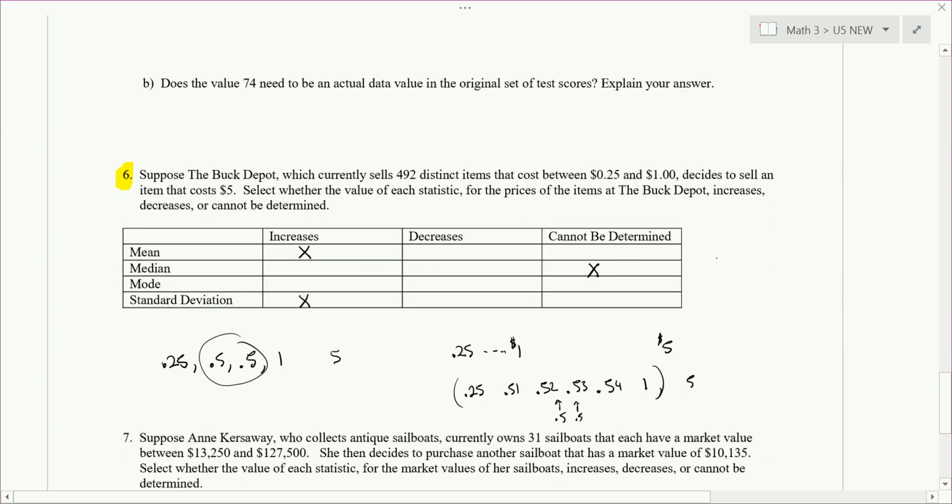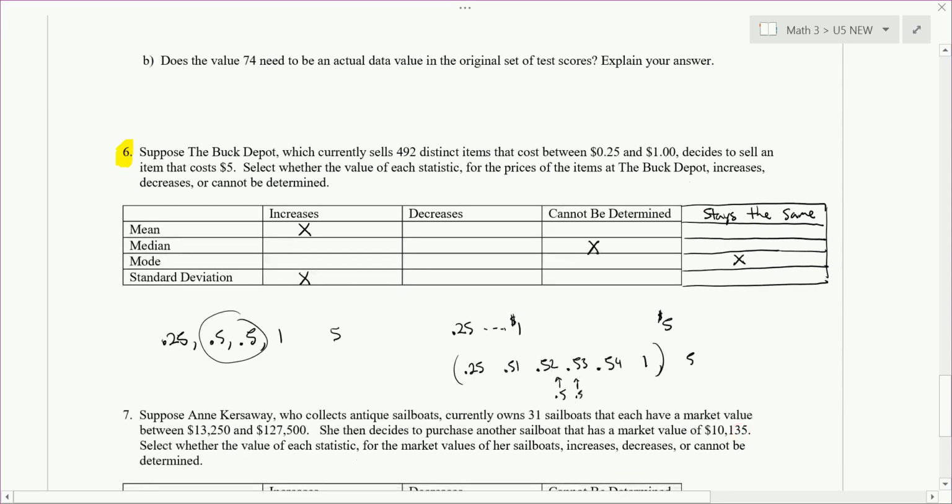It can be determined, so we're going to add a fourth column, which just stays the same. And so we're going to put an X for that one there. And now we've answered that question.